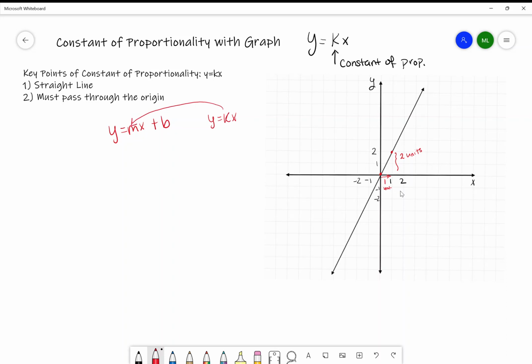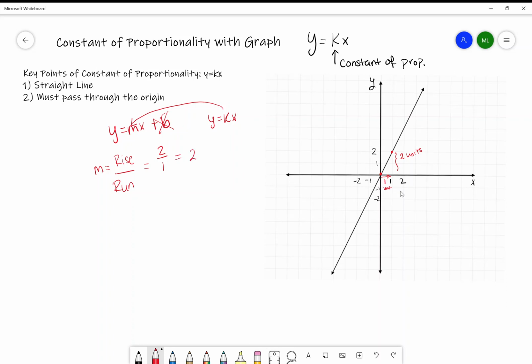You just don't have the b part anymore. But we call it k because k represents the constant of proportionality. And we know that we can find m with rise over run, and that's why I did that over here. I rose 2 units, ran 1 unit, so this is equal to 2 over 1. My graph is going upwards, so this is equal to positive 2.